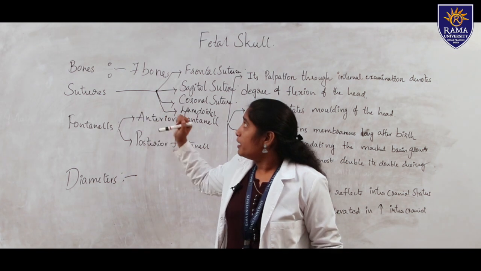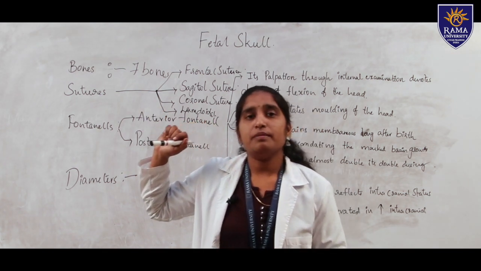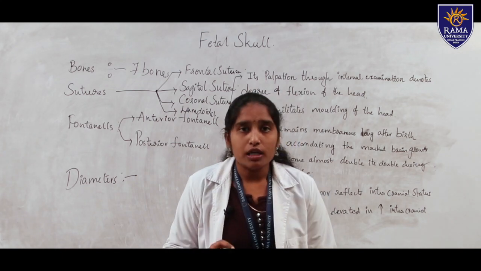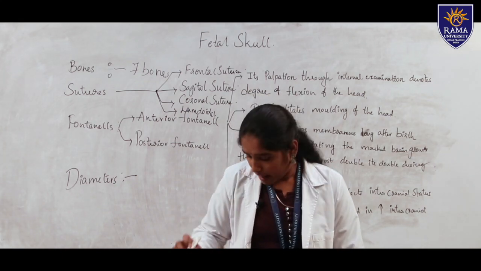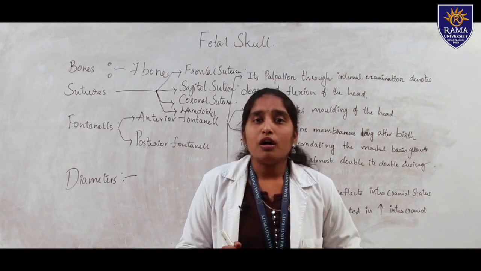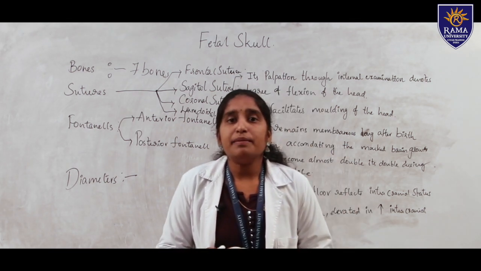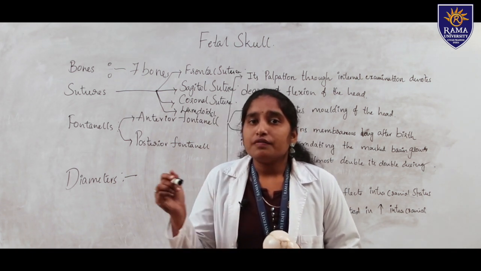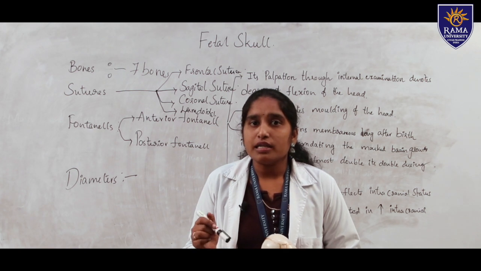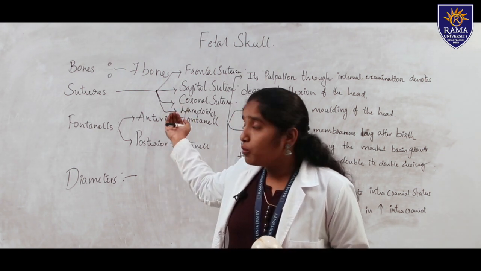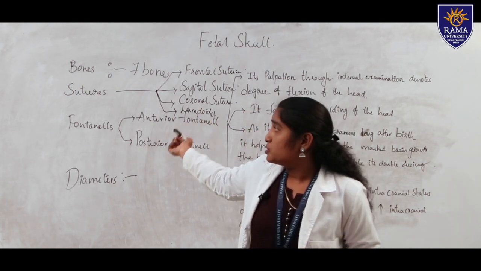Then coming to the sutures. What is meant by sutures? The flat bones of the vault are united together, and non-ossified membranes are attached to the ends of the bones. We call the ends of the bones the sutures.